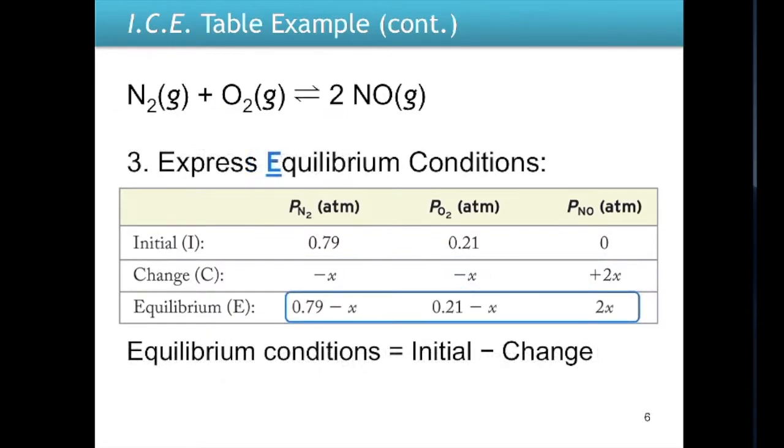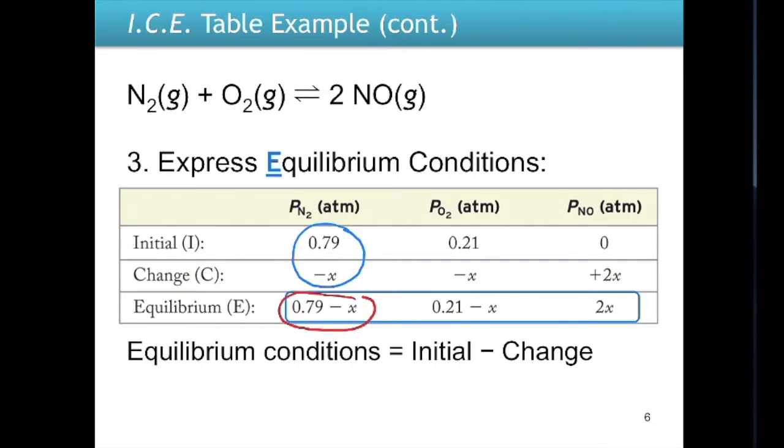To finish off the table, we're going to express the equilibrium conditions. So the equilibrium conditions are simply what we start with minus what the change is. So in this case, 0.79 minus x is what's going to happen to the N2.